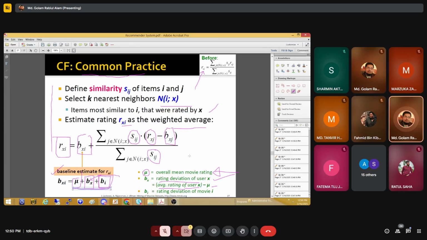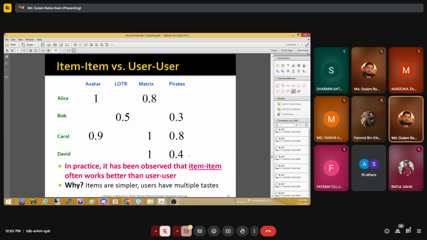So this is the hybrid approach. Traditionally, for item to item and user to user, item to item is actually the better option, because item to item similarity is a more common and more justified process.